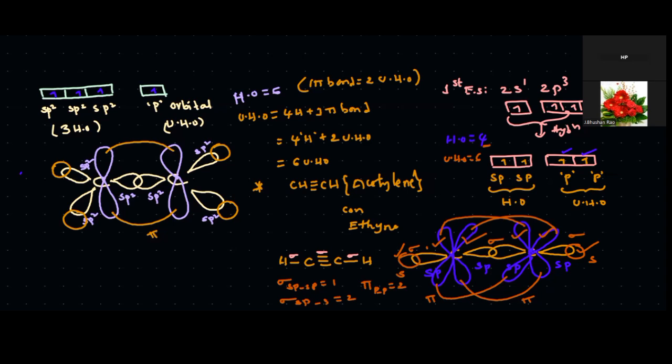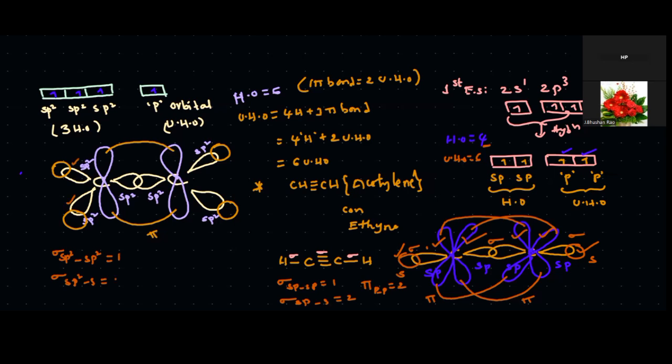Now coming to this condition, types of sigma bonds in ethylene molecule. Now this one is sigma sp2-sp2 sigma bond equal to 1. Next, sigma sp2-s bonds equal to totally 1, 2, 3, 4. Totally 4.